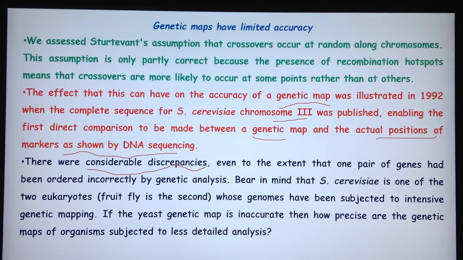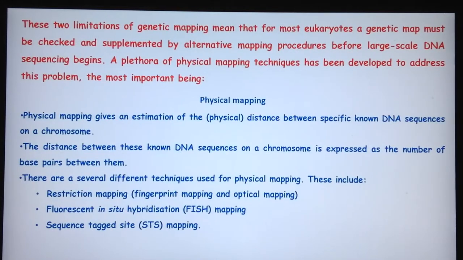It has a very small genome. So if discrepancies are present in Saccharomyces cerevisiae, we cannot completely rely on the genetic map in the case of humans, which is very, very huge. If the genetic map was inaccurate there, the genetic map of organisms like human will be very difficult. So we will go through physical mapping and keep on comparing the genetic map and physical map with each other.